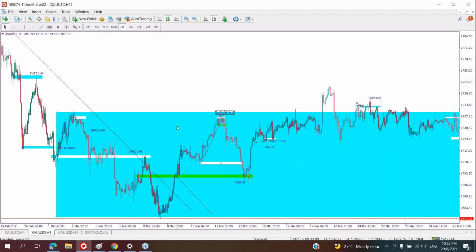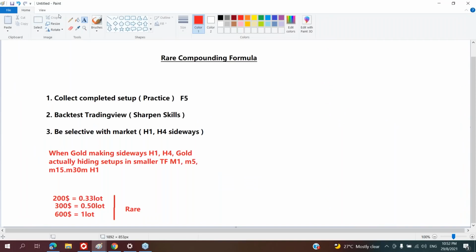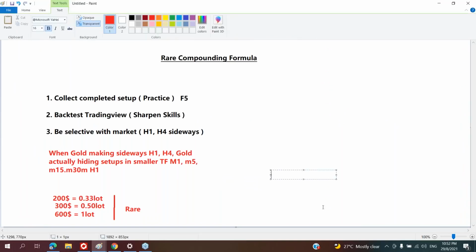If you are good in S&D, supply and demand, we have to wait, we have to sell at the highest price. We all know this is how supply and demand works. And we have to buy at the lowest price.